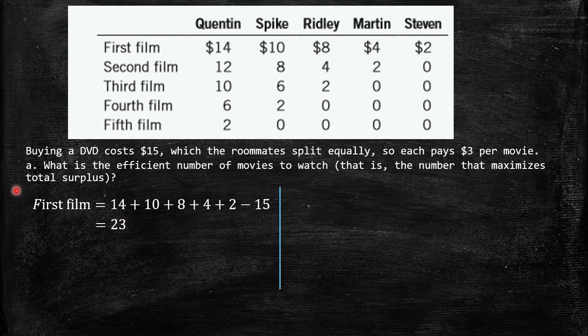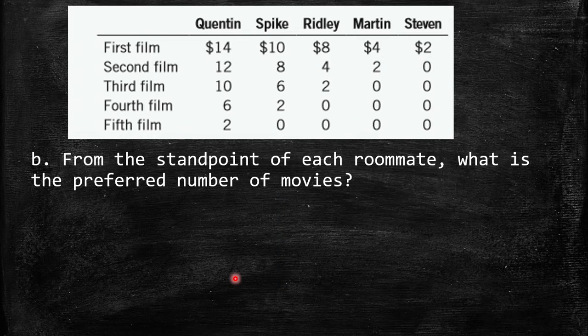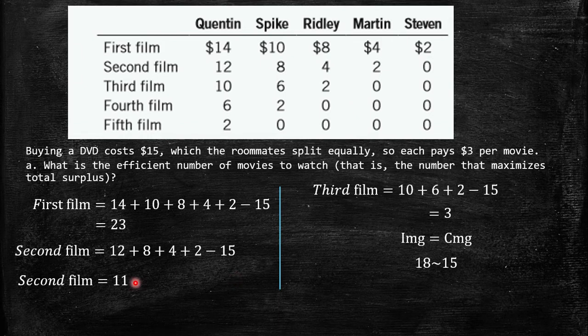So we have positive profits in some way, because there is a surplus: they are willing to pay more than what they pay. So we move to the second film. With the second film we have 12, 8, 4, 2 minus 15, and the surplus here should be 11. So then we can move on.